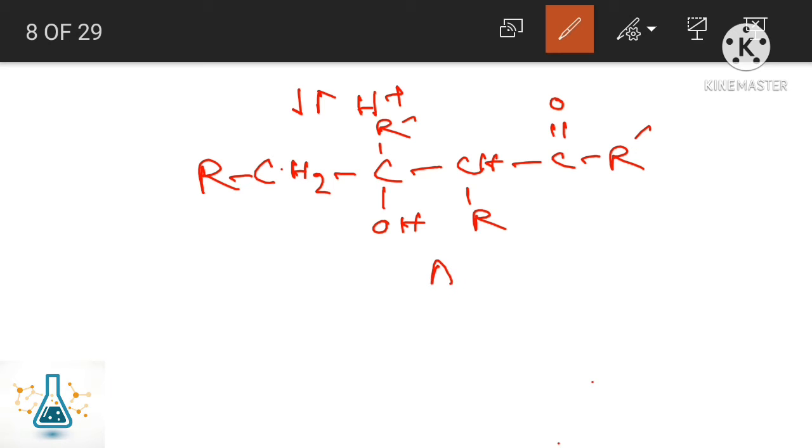This is aldol reaction in presence of acid.